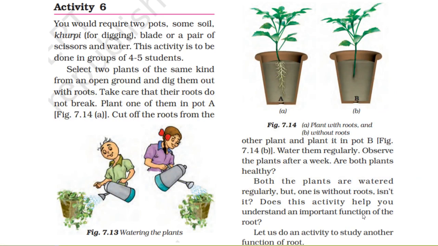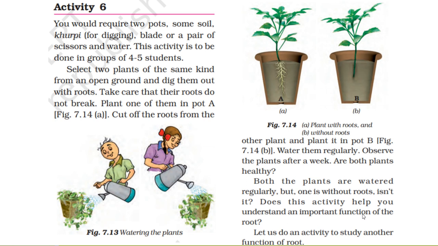In activity 6, we would require 2 pots, some soil, a digger, blade, or a pair of scissors and water. For this activity, we need 2 plants of the same kind, and we will take these from our garden or open ground. But while digging them out, please ensure their roots are not damaged.